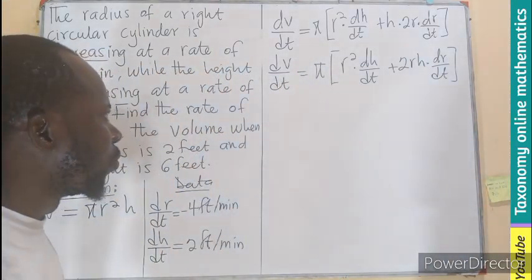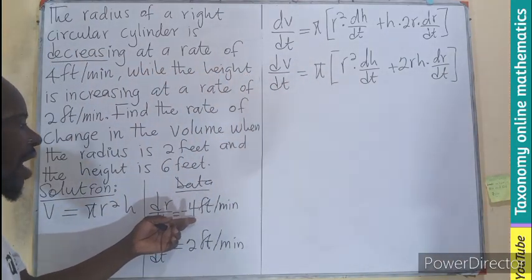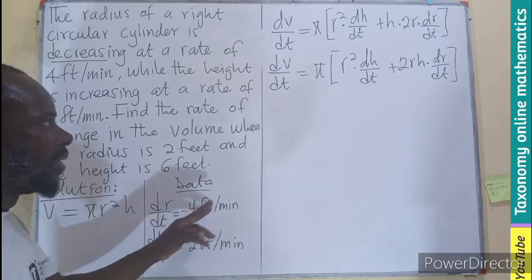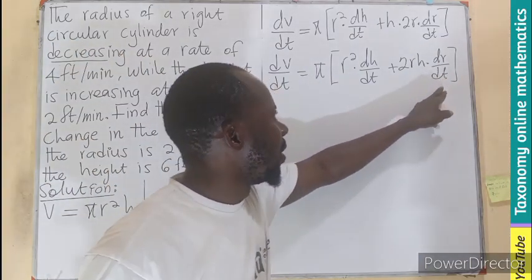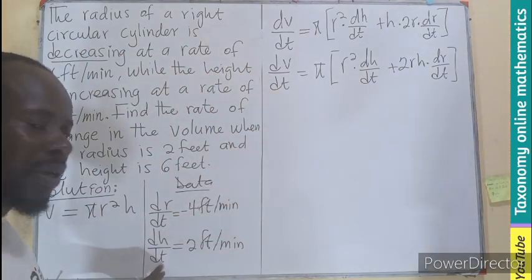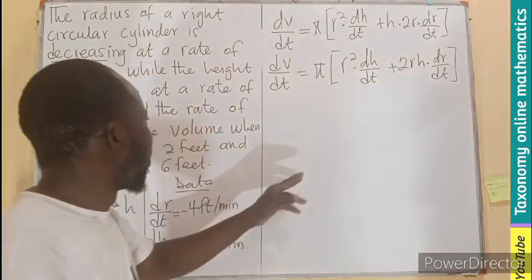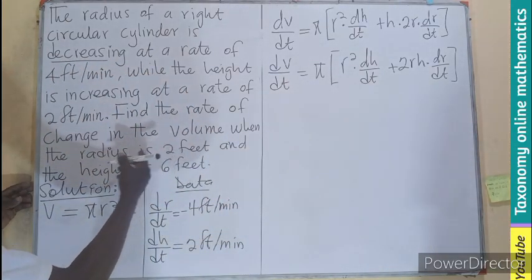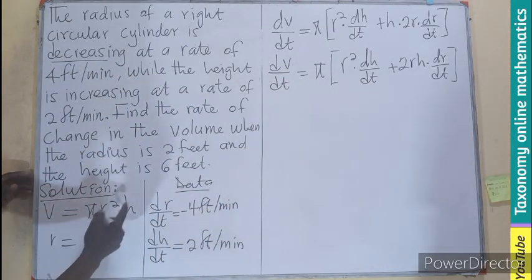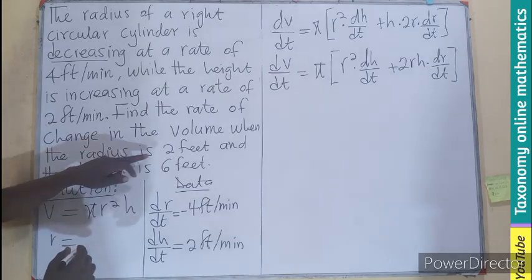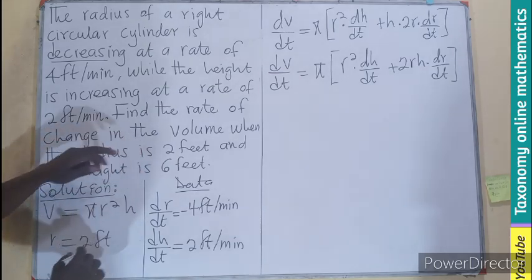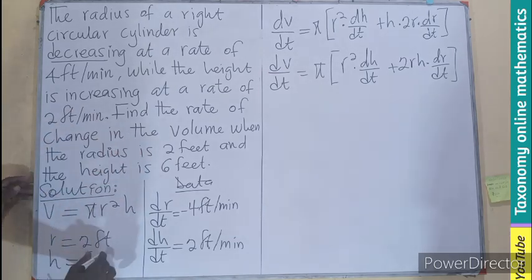So we can do our substitution, bringing in what we have. We know dr/dt is given, dh/dt is given, the radius is given as 2 feet, and the height has been given as 6 feet.